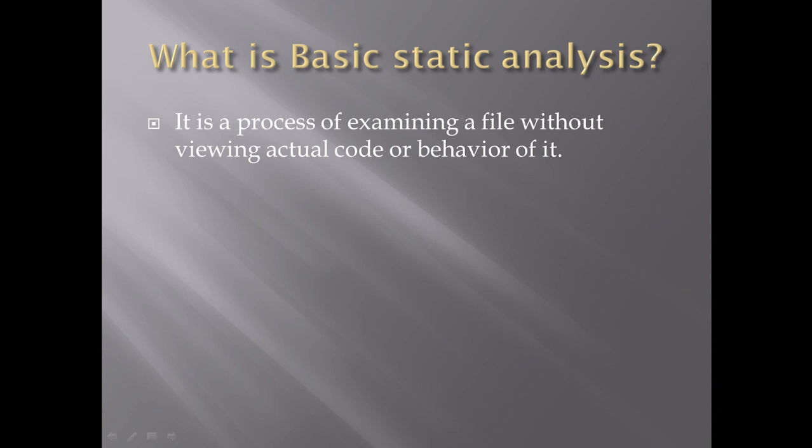We use it when we try to get the strings of the malware in a clear way. If the string is clear, you will mostly get the second stage payload, and you will figure out some important strings of the malware, so you can figure out what's going on in this malware. That's basic static analysis.